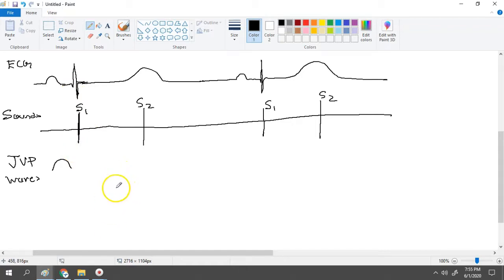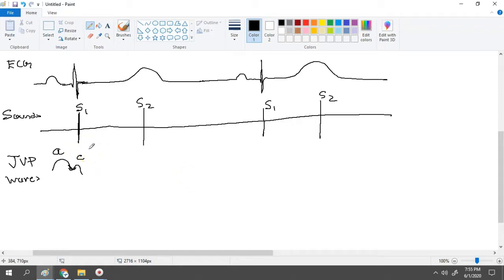Even though the tricuspid valve is closed, it is pushed a little upwards, or you say there is a coning of the tricuspid valve. This produces our second small wave, the C wave. So, if somebody asks you what C stands for, C stands for coning of the tricuspid valve. That is because of ventricular systole, right?